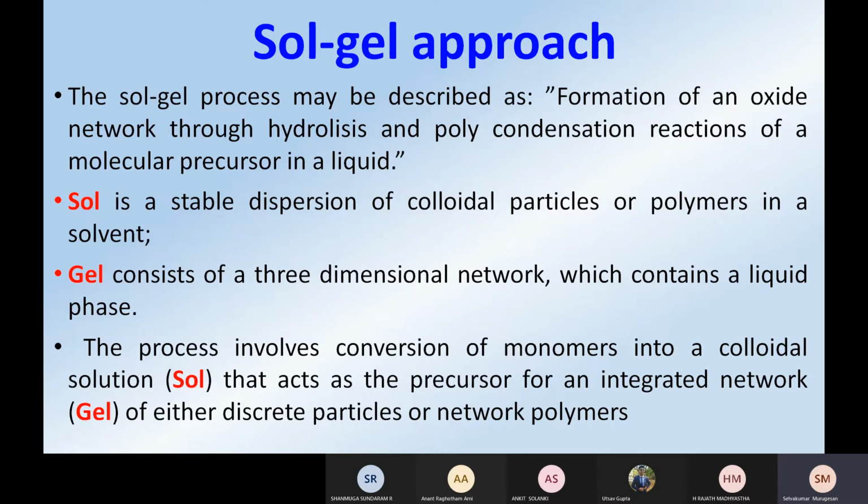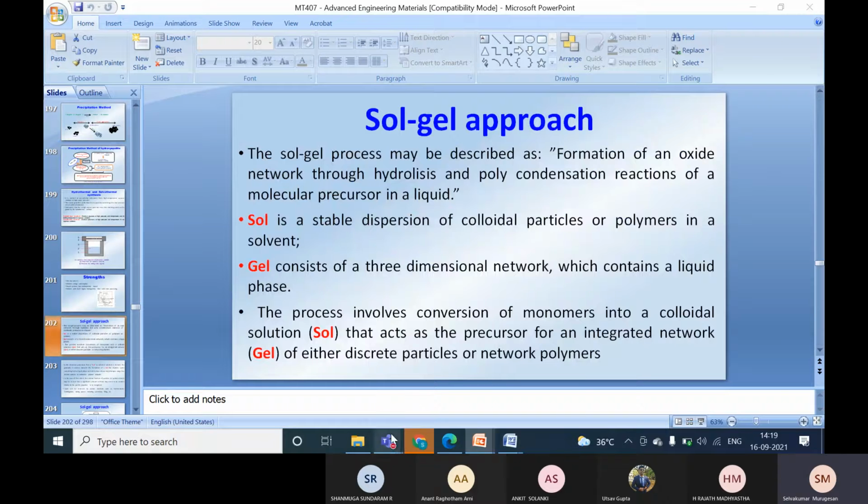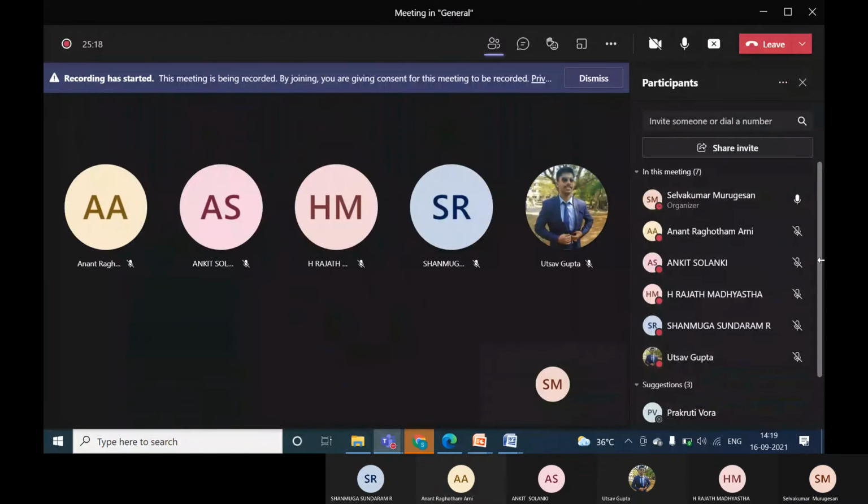Okay. So what is sol-gel, first of all? Any idea what is sol-gel? Sol means you are taking some material and dissolving it in a suitable solvent. Okay. That means completely transparent. Gel means you are taking some material and dissolving it, and it is not going to be transparent.